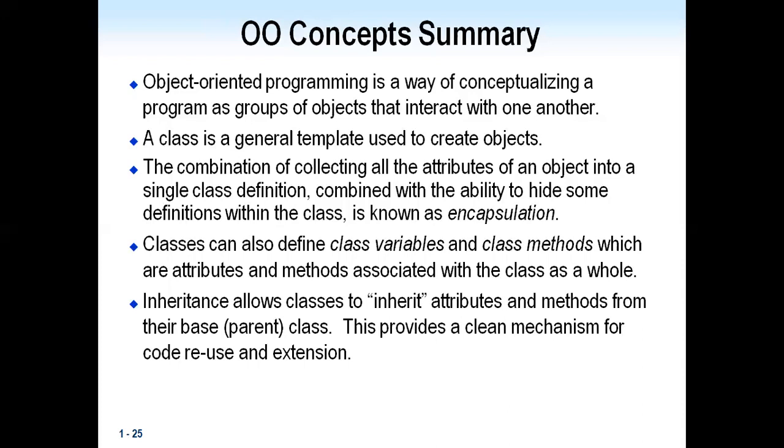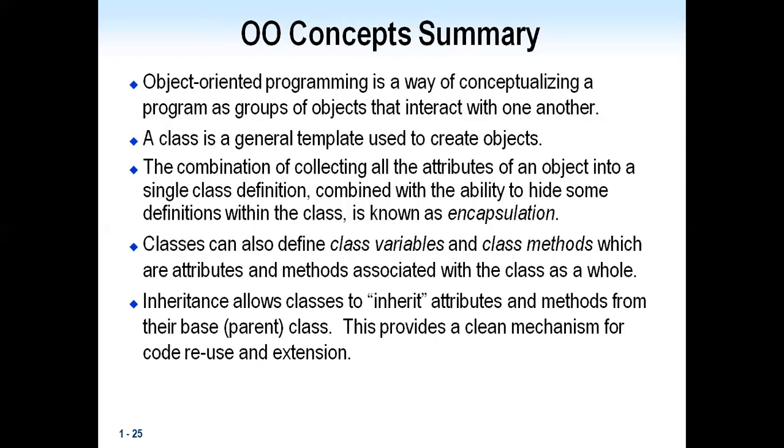So the basic elements of object-oriented programming are: first, object; second, class; third, encapsulation; fourth, class variables; next, class methods; next, inheritance; and next, polymorphism.